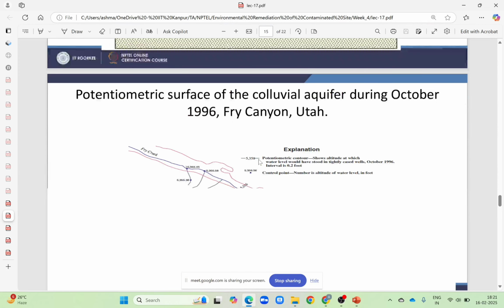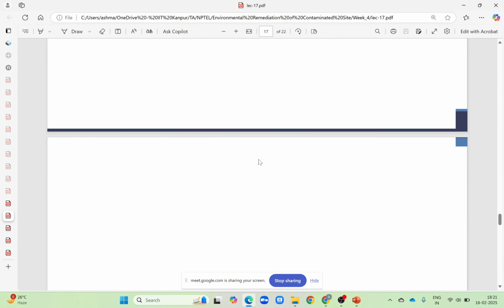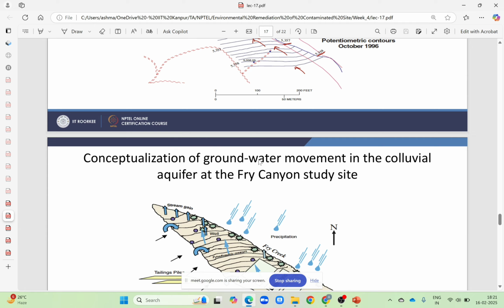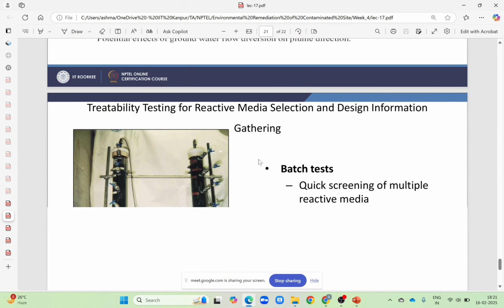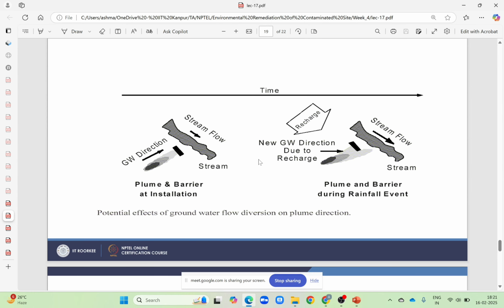Again, here an example was given. This example shows that if we have not correctly accounted for the behavior of the groundwater flow in the different seasons, like here you can see when there is no rainfall, the groundwater flow is in this direction, so the water will pass through the PRB and it will get treated.